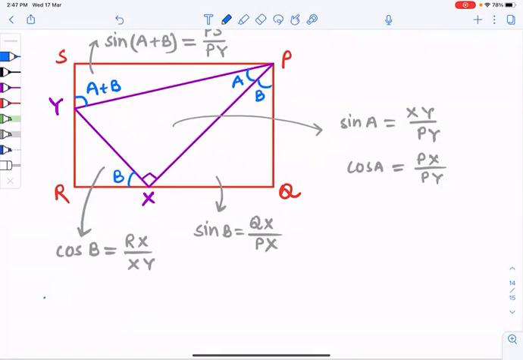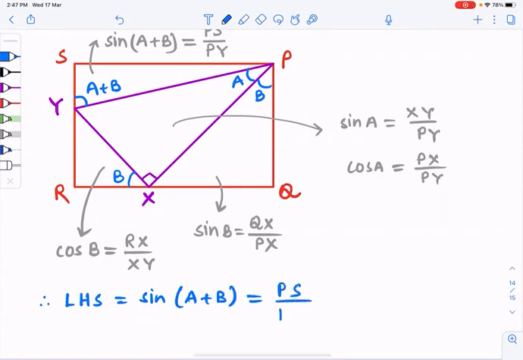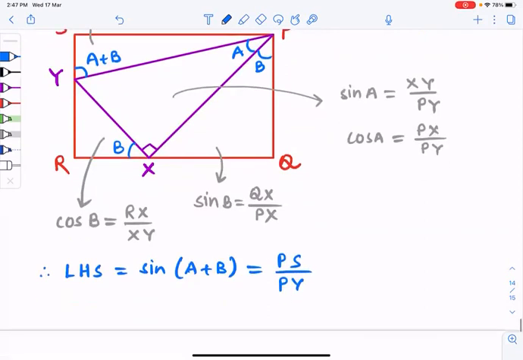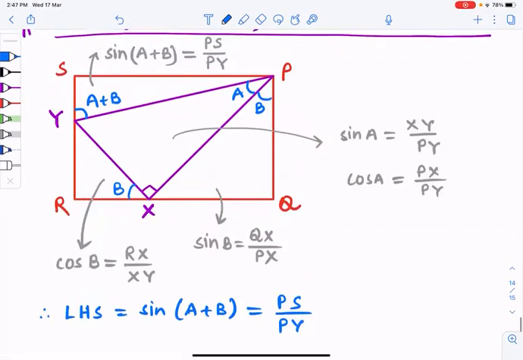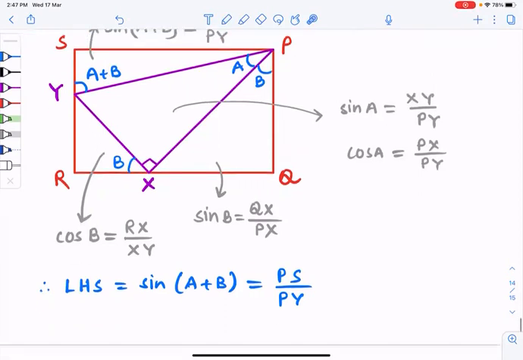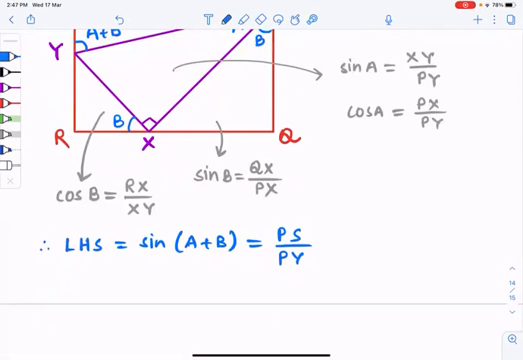So here our LHS, left hand side, which is sine of A plus B. What did I get from the diagram? It is nothing but PS by PY. That's what I've got in the diagram here. Okay? PS by PY. And what is our right hand side?